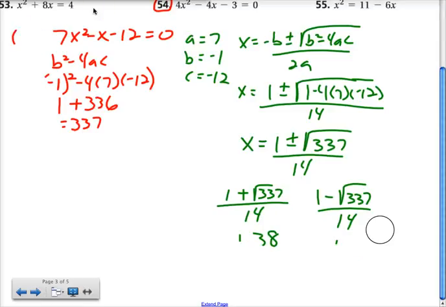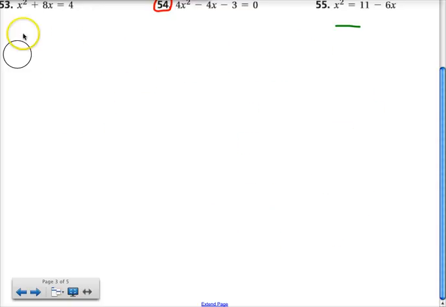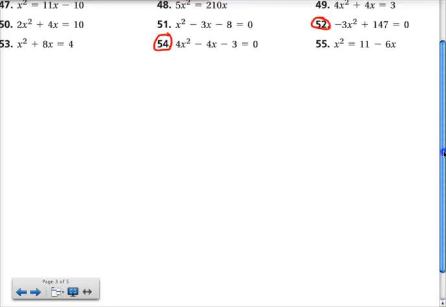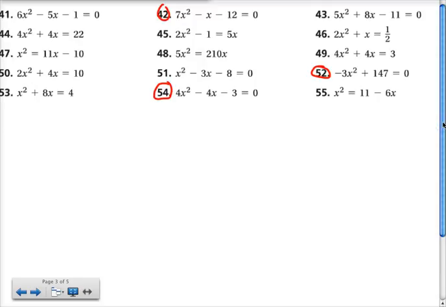Then I have to go after a couple of these other problems up here with you. Number 52, which is negative 3x squared plus 147 equals 0. Well, this one, I'm not even going to try to factor because I can go ahead and solve.